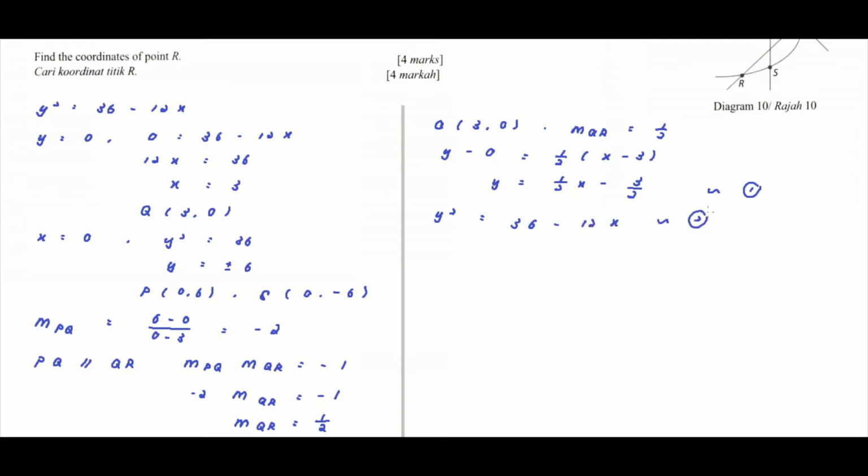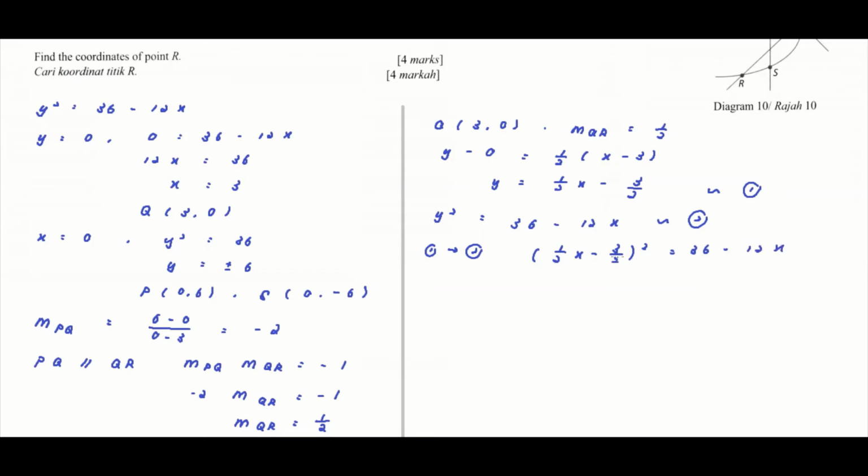So I'll need to solve the simultaneous equation now. It'll be easy if I just put my first one into the second one. It depends on you. If you prefer to put x inside, you also can, it's exactly the same thing. So let us substitute: 1 over 2 x minus 3 over 2, squared, equal to 36 minus 12x.